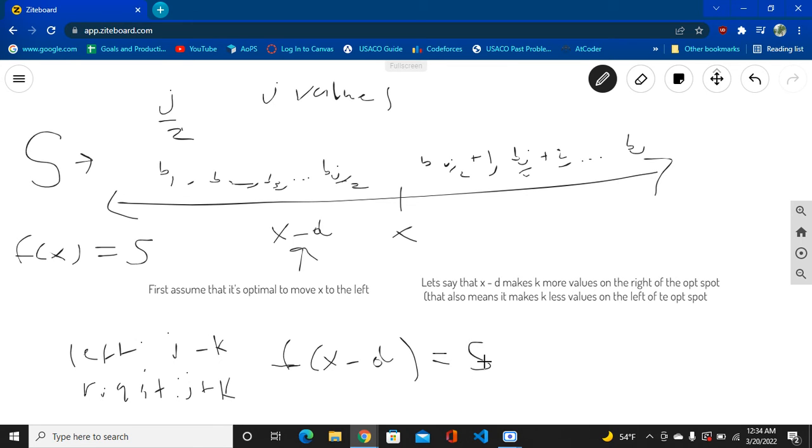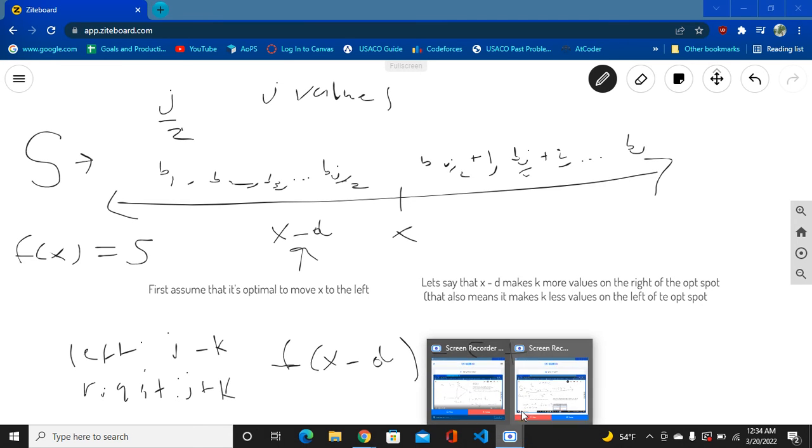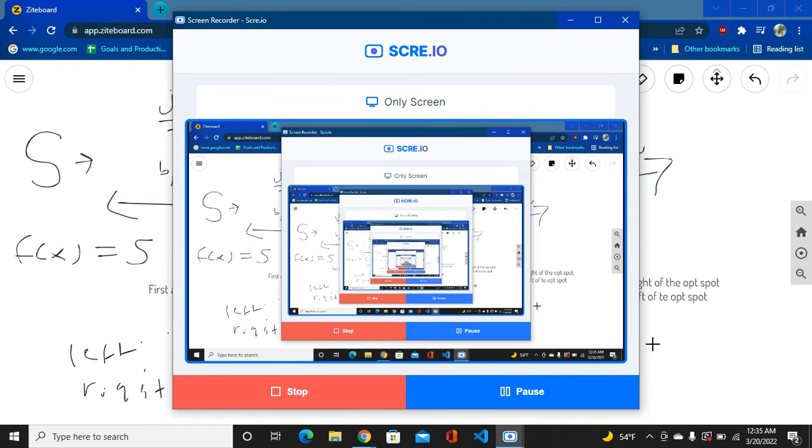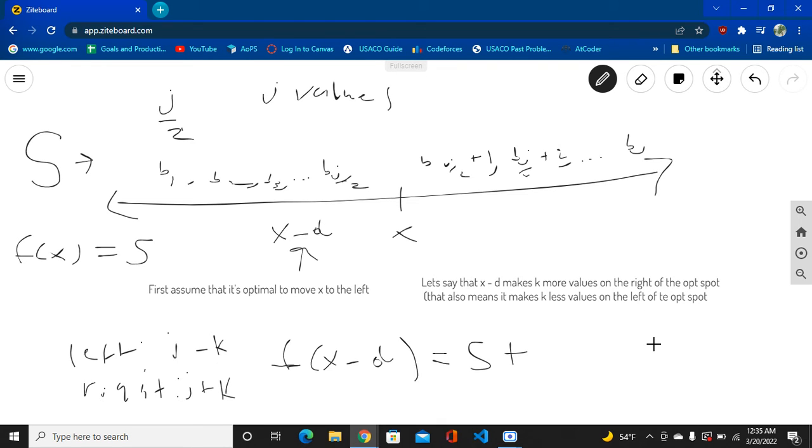So we can take s, and we know that their distance increased. Then for s minus d, since there are k new values, it increased to j plus k. They increased by a distance of d. So we can add this.